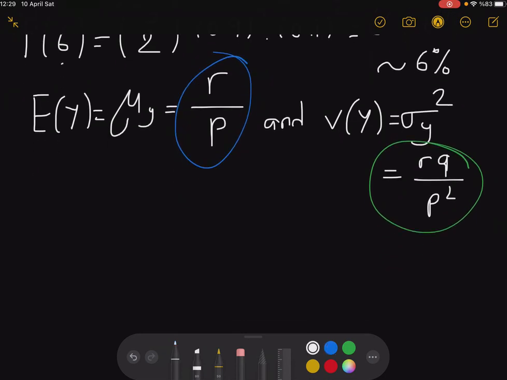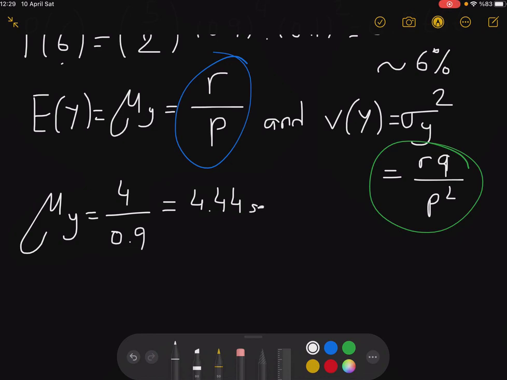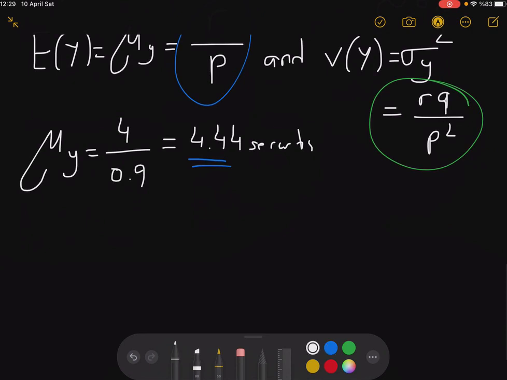And for our example above, your mu Y would be 4 over 0.9. Particularly, it is 4.44 seconds, your average time for fixing all those 4 screws to this tire. And with what variance? What is the shape of this distribution?